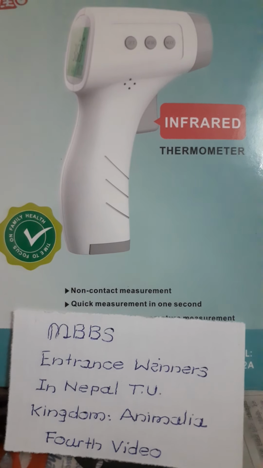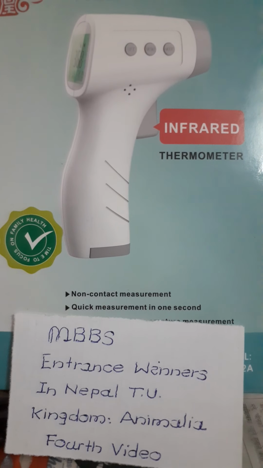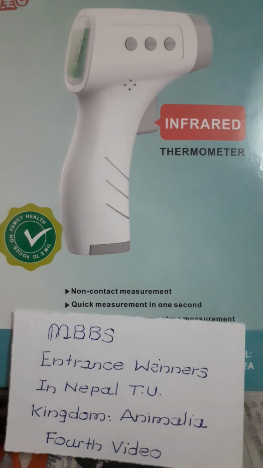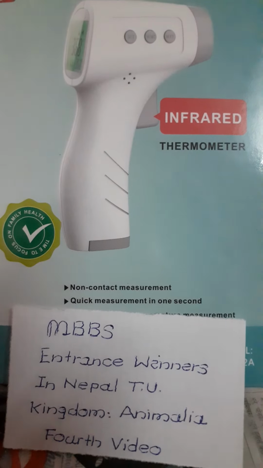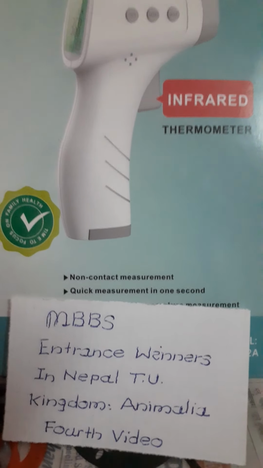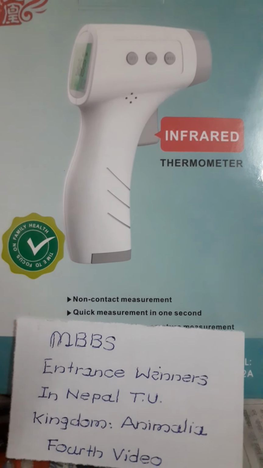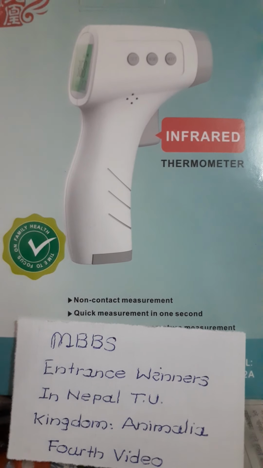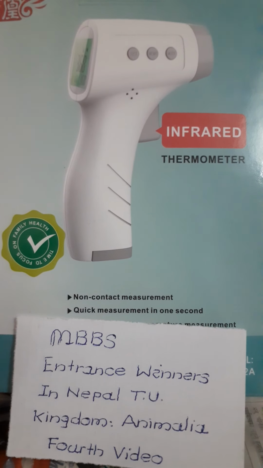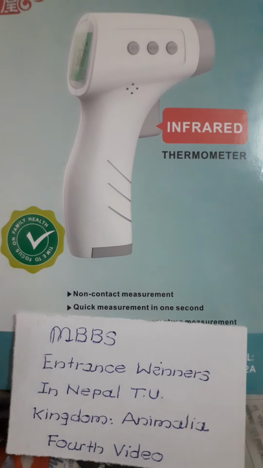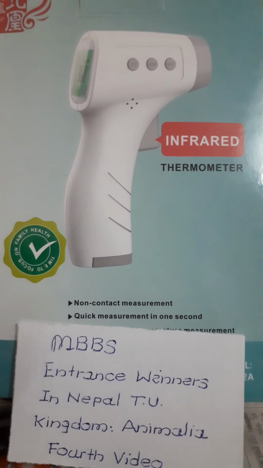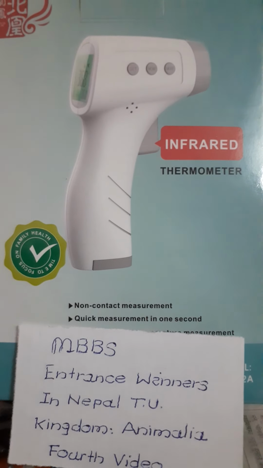Annelid example, earthworm, that is Pheretima posthuma, we have to learn in detail in zoology in class 11 and 12. So we have more ideas of earthworm, and there are several questions which are frequently asked in MBBS entrance exams regarding earthworm.